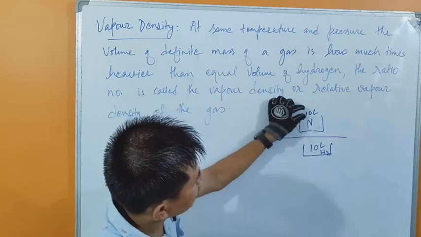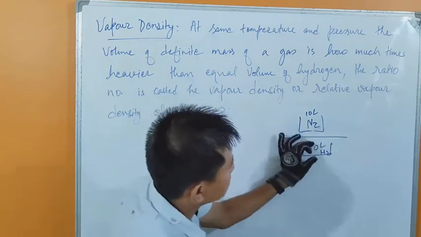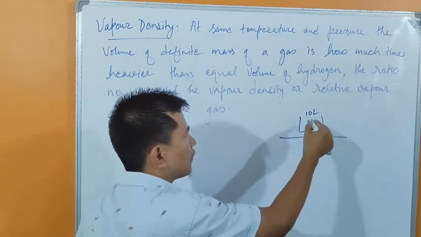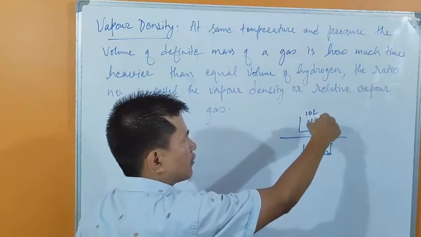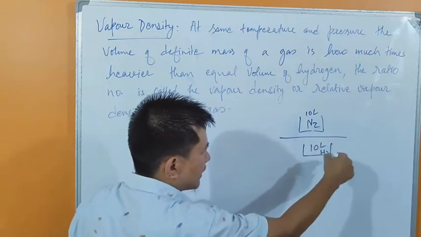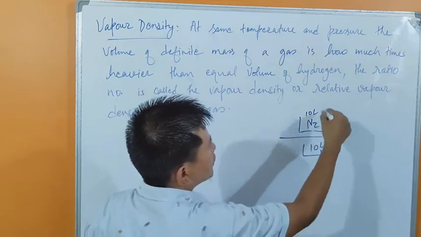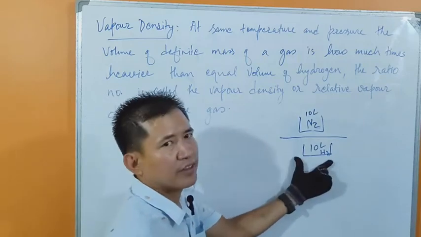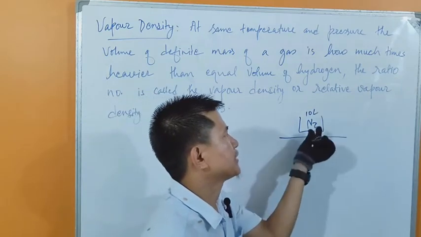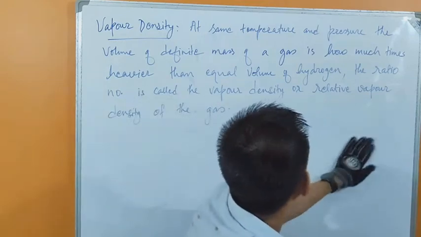Equal volumes of gases, but different gases. When we divide the mass of 10 liters of nitrogen by the mass of 10 liters of hydrogen, we see nitrogen is heavier than hydrogen. That is the vapor density of nitrogen. Now let me explain this properly.